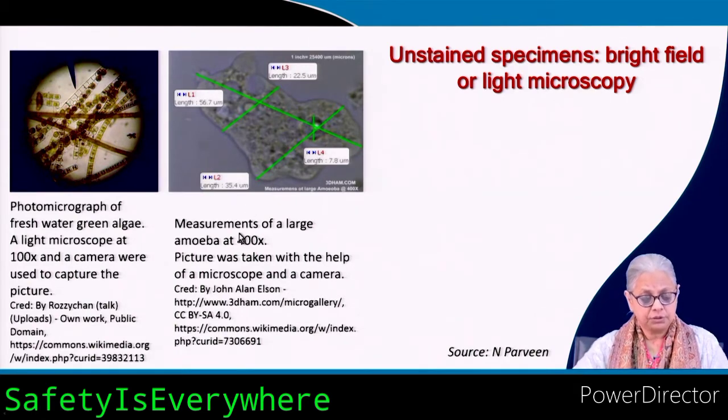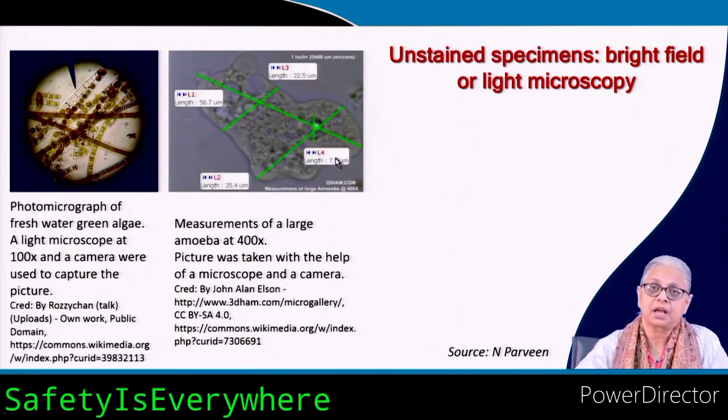Then we have, this is a large amoeba. Now, one of the other advancements in microscopy is that with the use of a camera and a PC and appropriate software, you can now measure the size of the objects. So here is an example of measuring the size of the object. It used to be impossible back when I was in school and college.